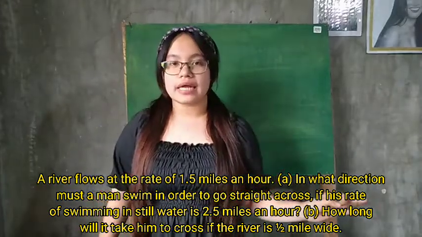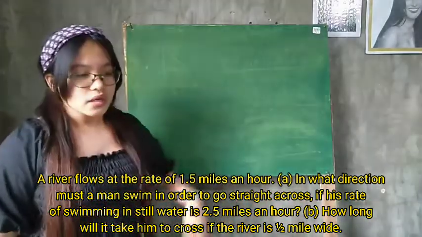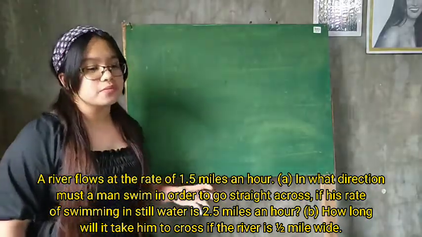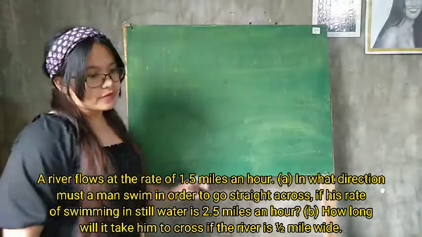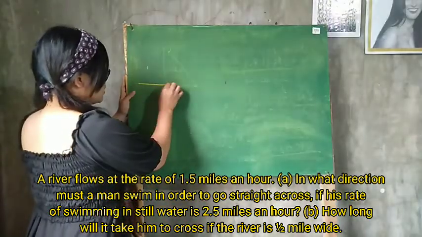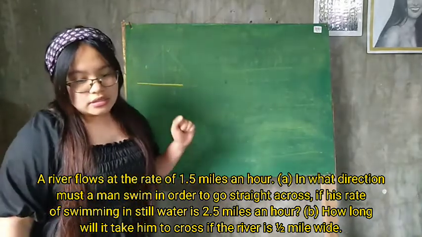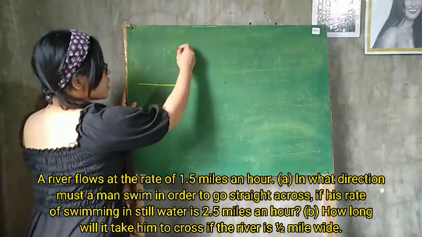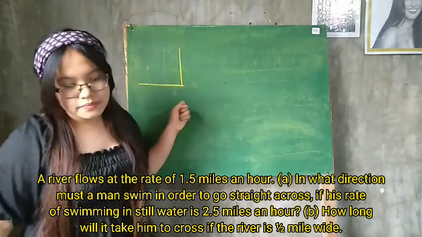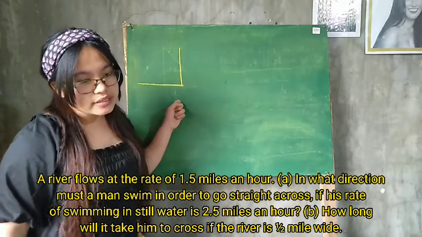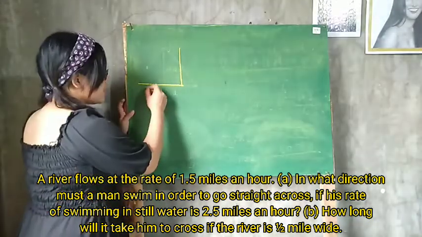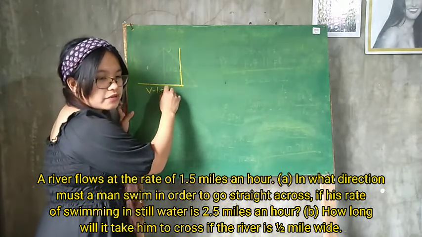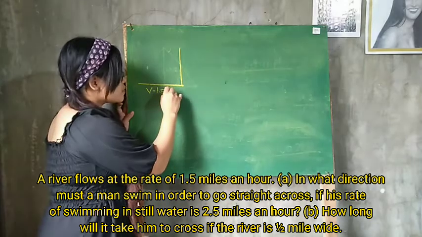So first, let's solve the letter A problem. So the problem is in what direction? So first, let's illustrate the problem. So we have the river, then he needs to cross with a velocity of 1.5 miles per hour.